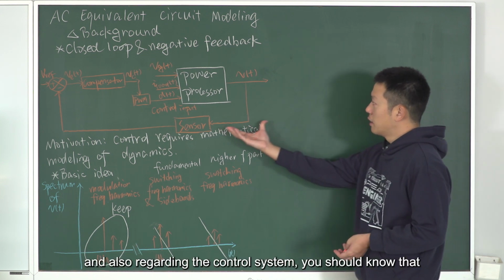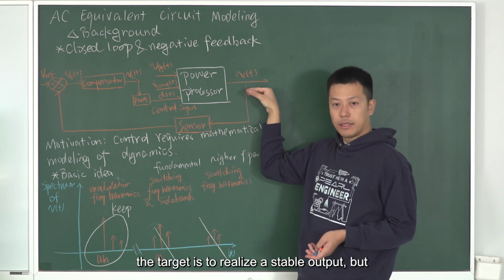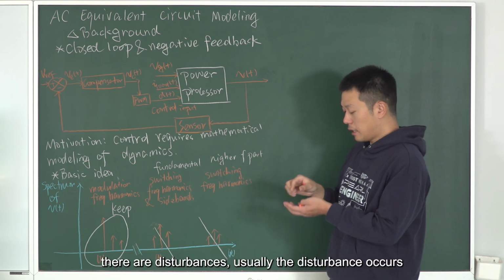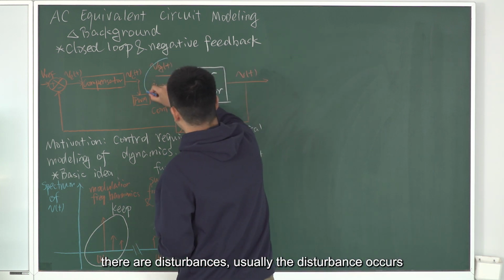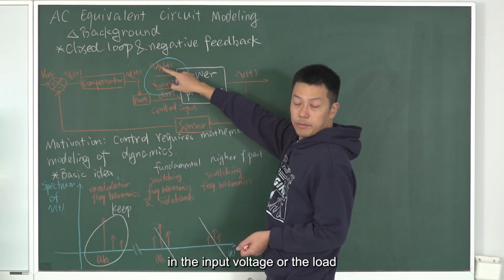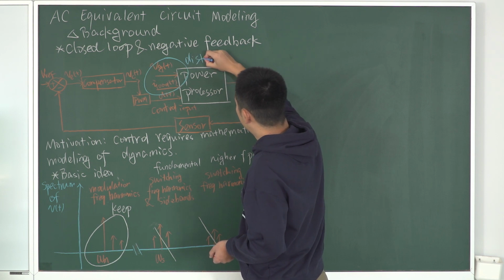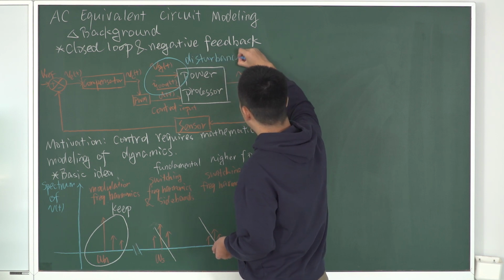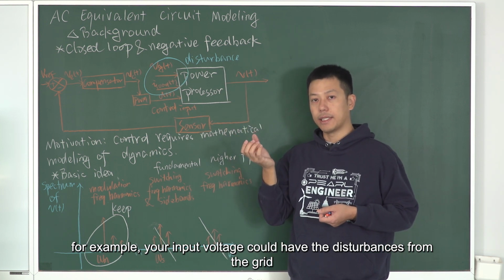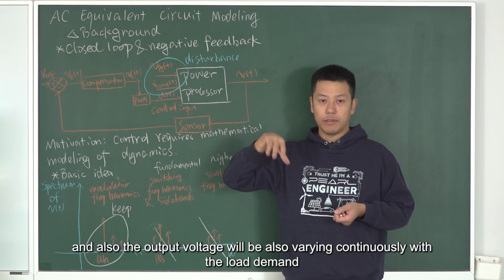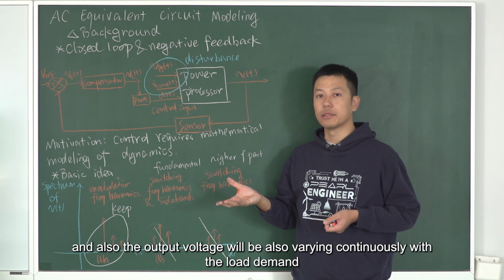And also regarding the control system, you should know that the target is to realize a stable output, but there are disturbances. Usually the disturbance occurs in the input voltage or the load. For example, your input voltage could have disturbances from the grid, and also the output voltage will be varying continuously with the load demand.